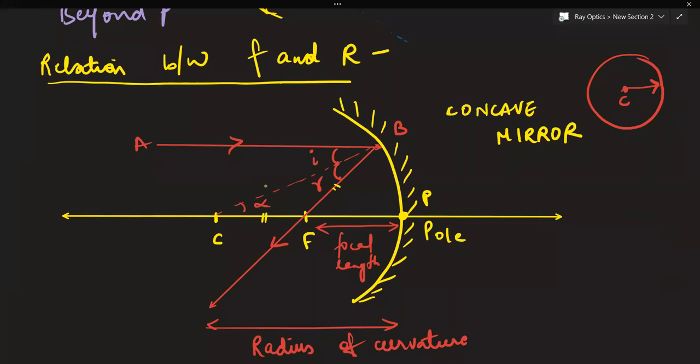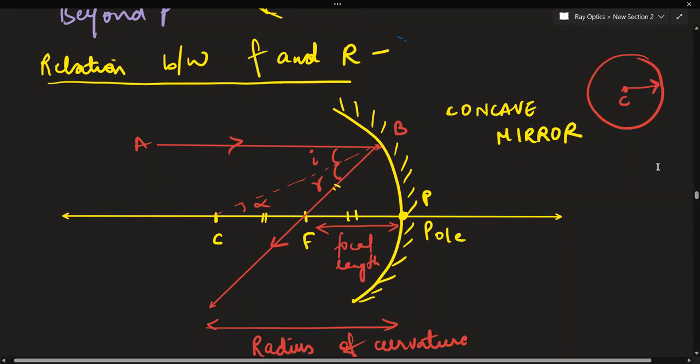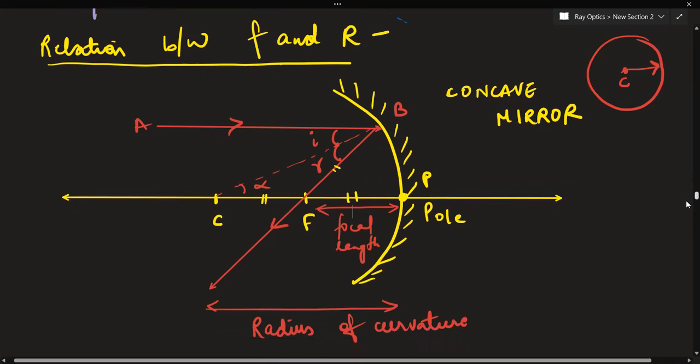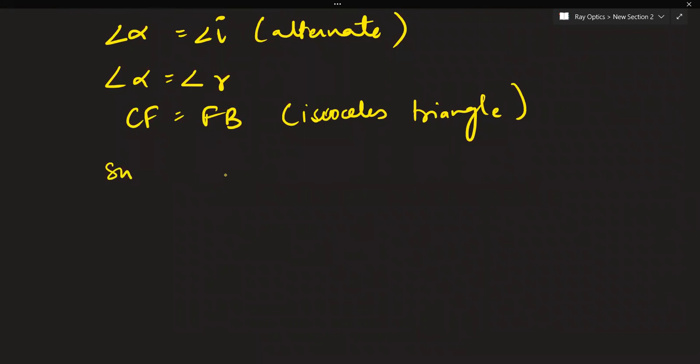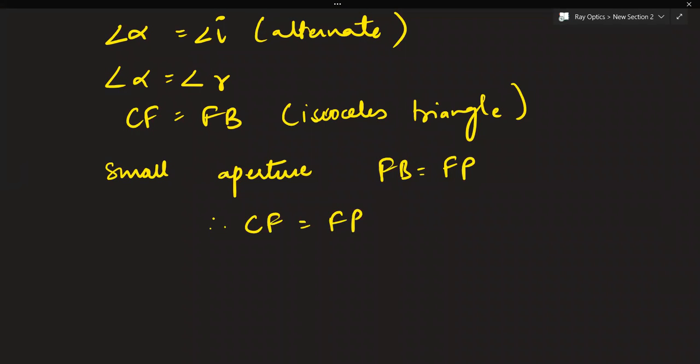So if CF is equal to FB, it will be equal to FP only. Now you have done the derivation, just see. So for small aperture, your FB will be equal to the focal length as well. So you can say directly, therefore CF is also equal to FP.